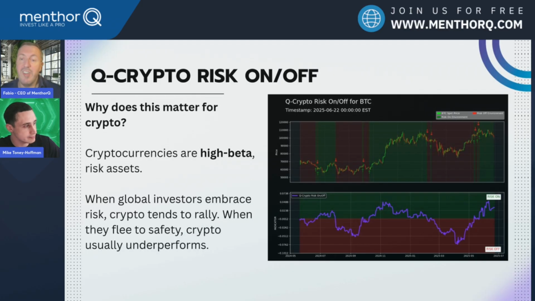The first thing they're going to do is sell crypto. Before they sell their stock position, they're going to sell their risk assets, whether it's emerging market, crypto, and so on. So typically, when we are in a bearish market at the macro level, the crypto market doesn't perform as well. So it's good as an investor to understand when we are in that scenario.